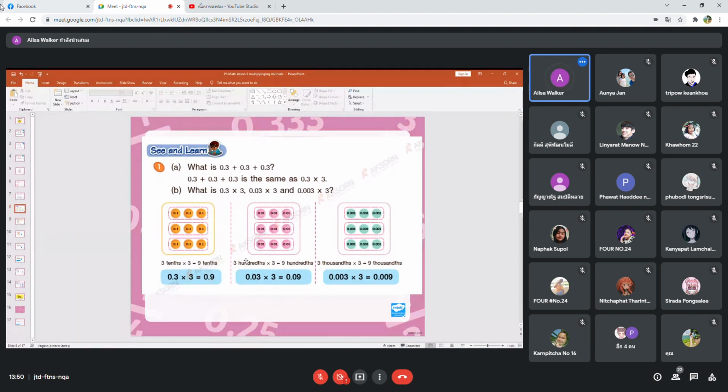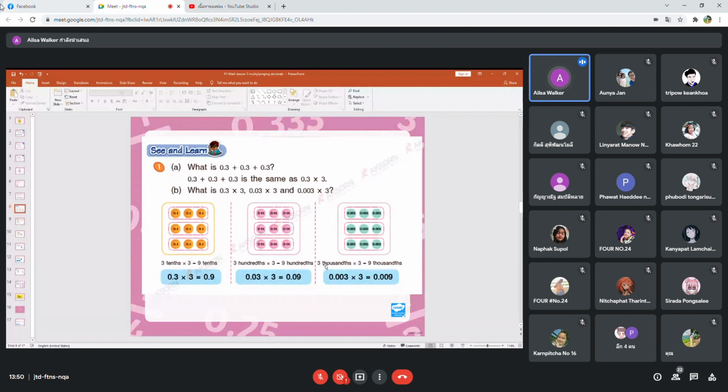Okay? If we were looking at 3 hundredths, 0.01, okay, 0.03 times 3, our answer is 0.09, okay? The decimal point is very important.